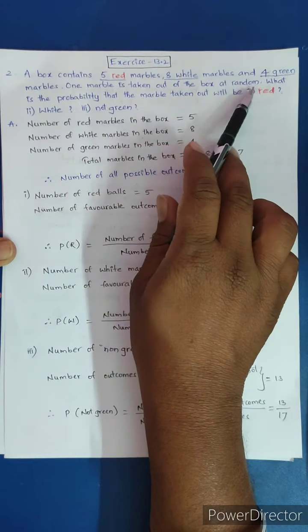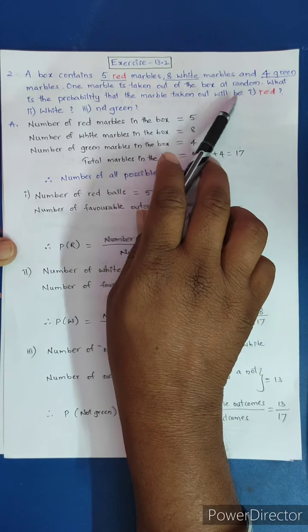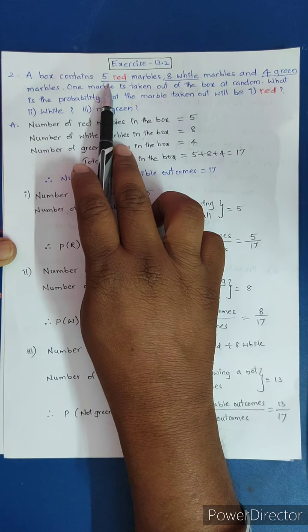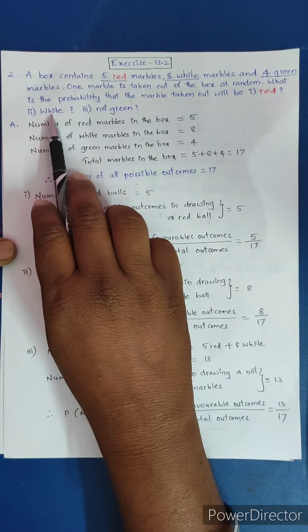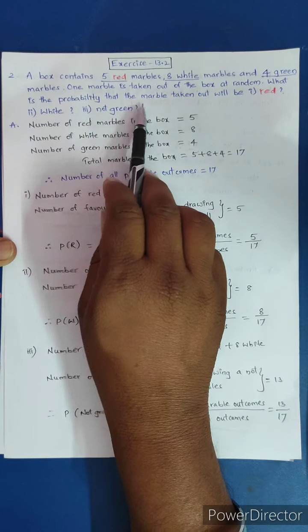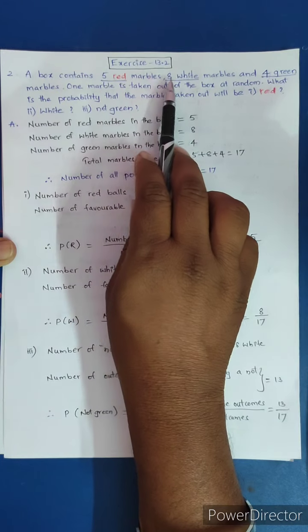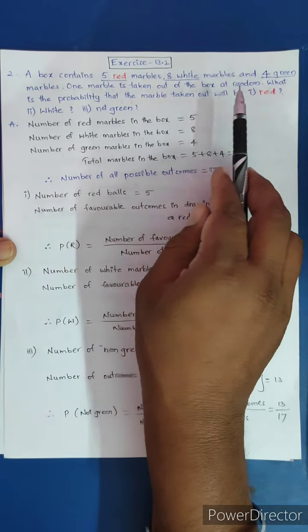Total balls: 8, 4 is 12, plus 5, 17 total balls. Among them, probability of red ball: favorable balls 5 by total balls 17, 5 by 17. Probability of white balls 8 by 17. Not green: how many green are there? 4. Remaining balls 8, 5, 13. So not green probability is equal to 13 by 17.